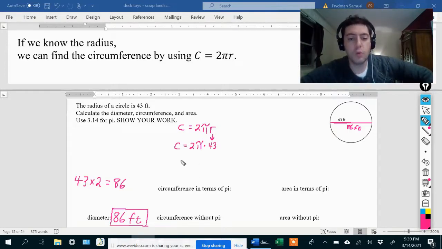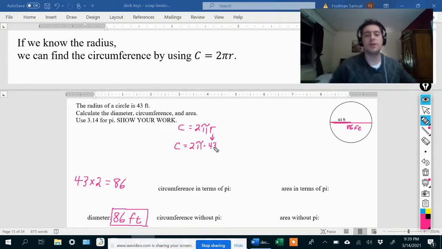So what we will multiply is the 2 and the 43, because even though they're not right next to each other, remember the commutative property of multiplication says that if things are getting multiplied together, we can multiply them in any order that we want. So even though this says 2 times pi times 43, we could do the 2 times the 43 first, and that's still okay.